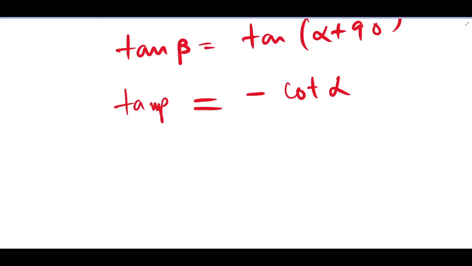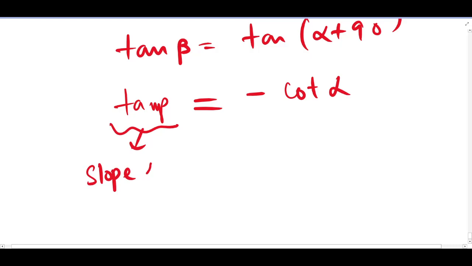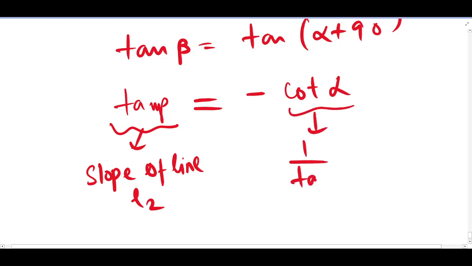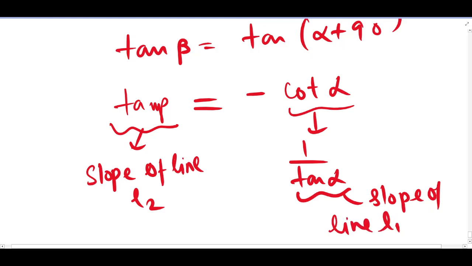Tan beta is the slope of line L2, and cot alpha can be written as 1 by tan alpha, where tan alpha is the slope of line L1.